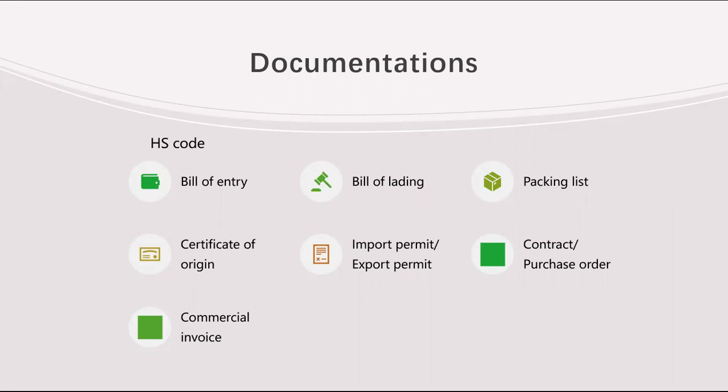The bill of lading indicates the type of goods, the quantity of goods, the place of departure, and the destination.